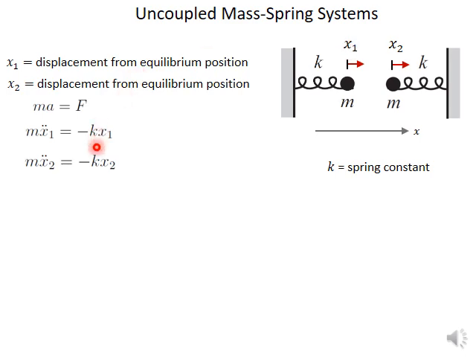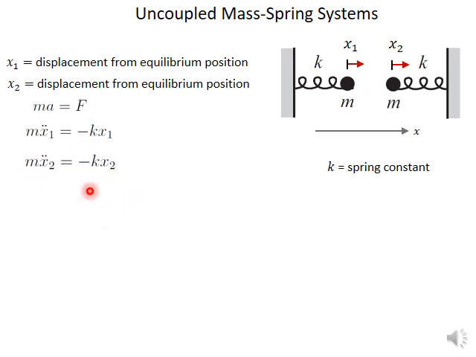The springs are exactly the same, so this k would be the same, and the second derivative of x2 with time can in general be different from the second derivative of x1, and we get a similar equation here.